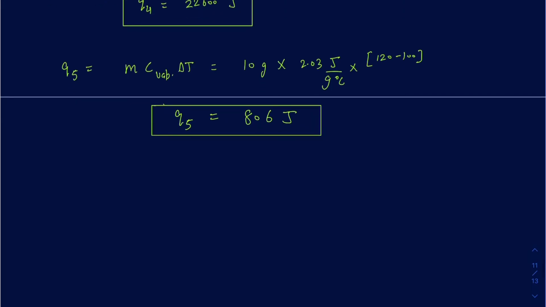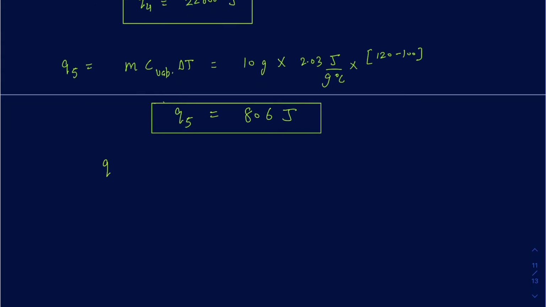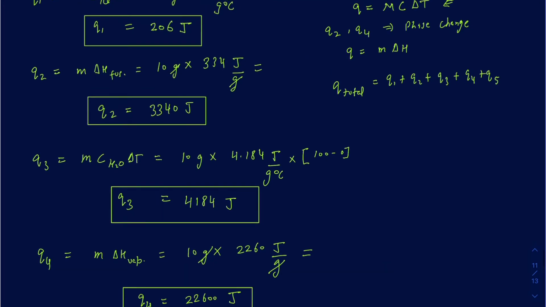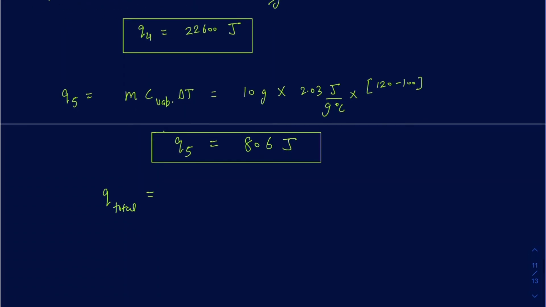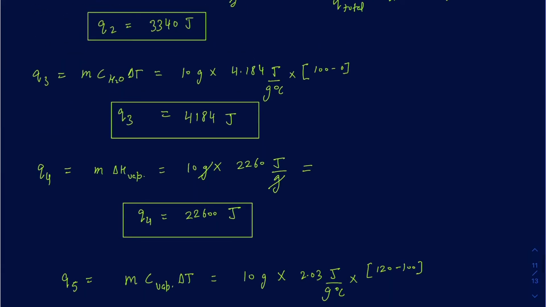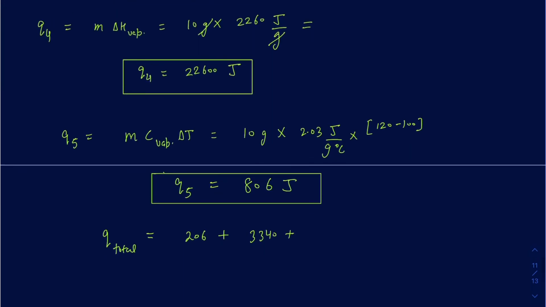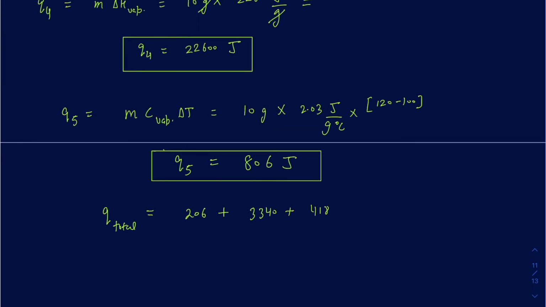Okay, so your Q total, now that you know all of them, is going to be equal to your Q1, which is 206, plus your Q2, which is 3340, your Q3 is 4184, your Q4 is 22,600, and your Q5 is 806.